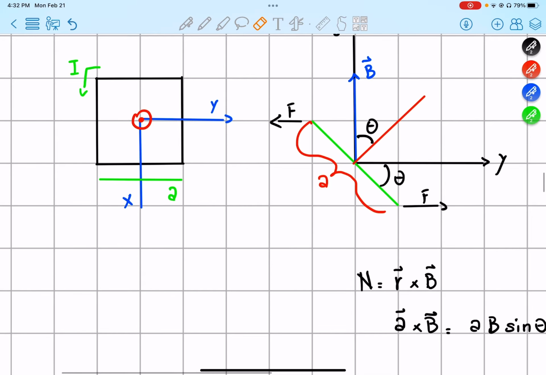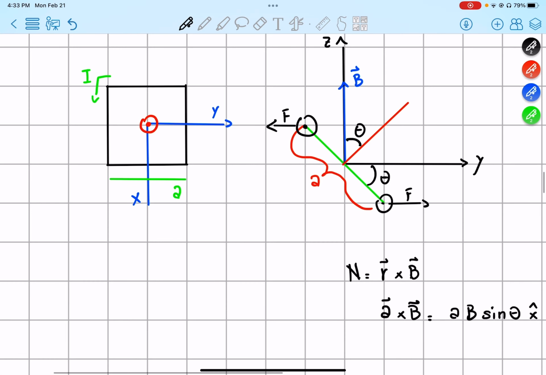So, if you use the right-hand rule for the current, we know that on the left side we have the current flowing towards us. I'm going to write it in the addition, and this is away from us. We know that thanks to the right-hand rule, it's going to be one pointing toward the right, one pointing toward the left, and they're going to be the same magnitude. So it's going to be the same in the end, right?